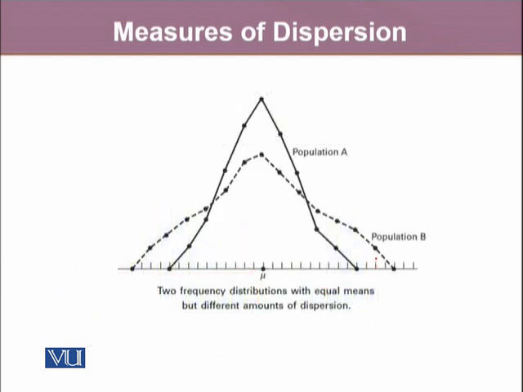We can also see this from a frequency polygon, where both polygons represent different data. If you look at the mean, both data have the same mean. But for population A, you will see that there's a higher peak as compared to population B. Whereas in population B, there is more spread as compared to population A.